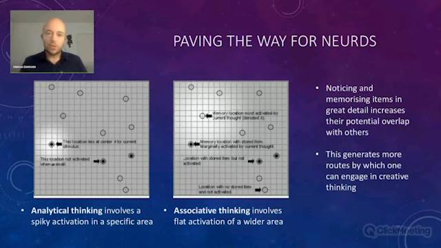So this goes a little bit back to the neural networks we were talking about. You can be engaged in analytical thinking, which means that you're focusing on something. Think about the executive control network, and that is activating a specific area. So if you were going to meditate specifically on the nature of cat, you would be targeting a very specific area of your brain.